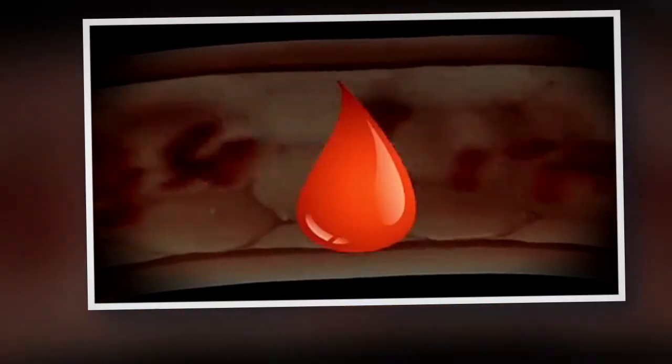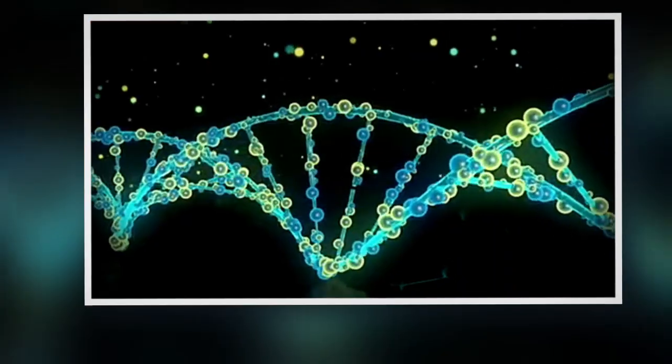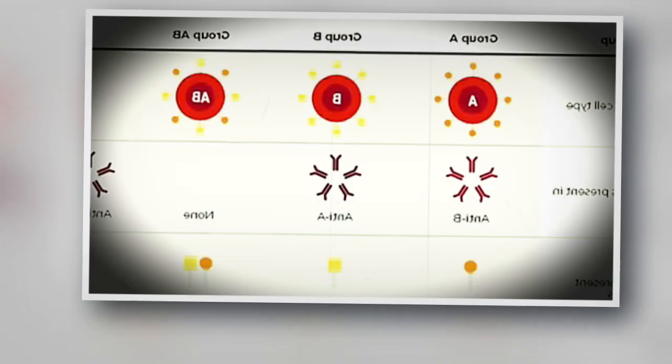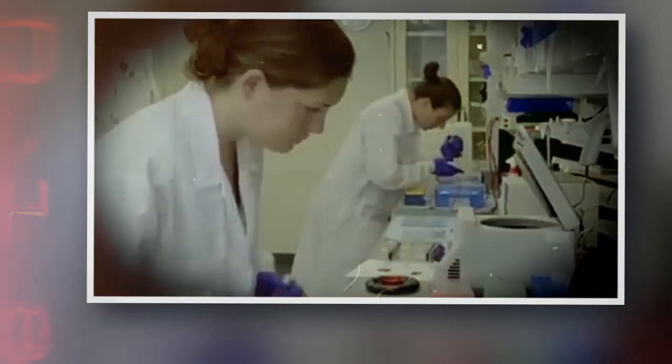But what really shakes things up today is AI's entry into the picture. For decades, blood typing was pretty straightforward. Are you A, B, or O? Positive or negative? Done. Simple. But artificial intelligence is now sifting through massive global databases, spotting patterns invisible to human researchers.